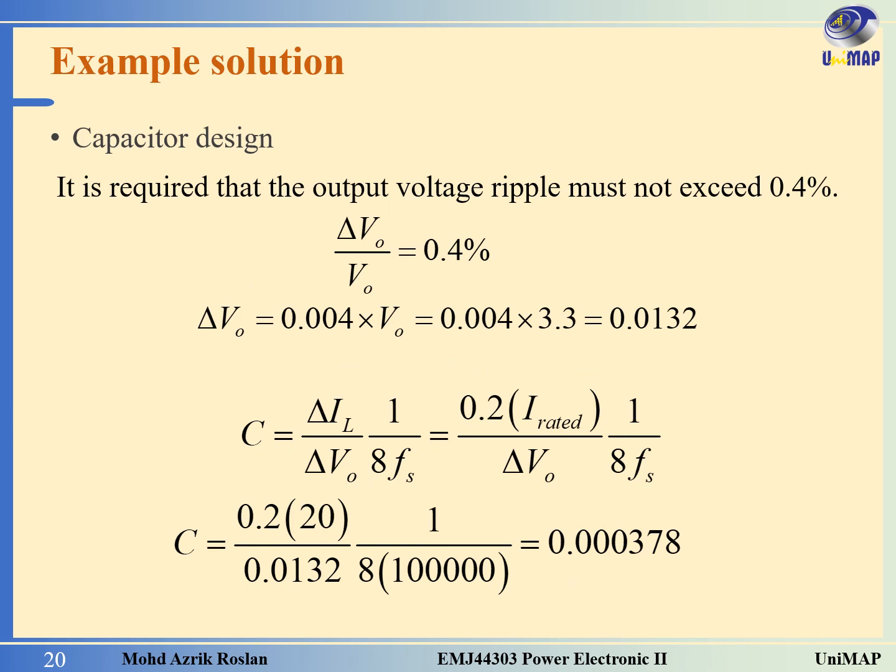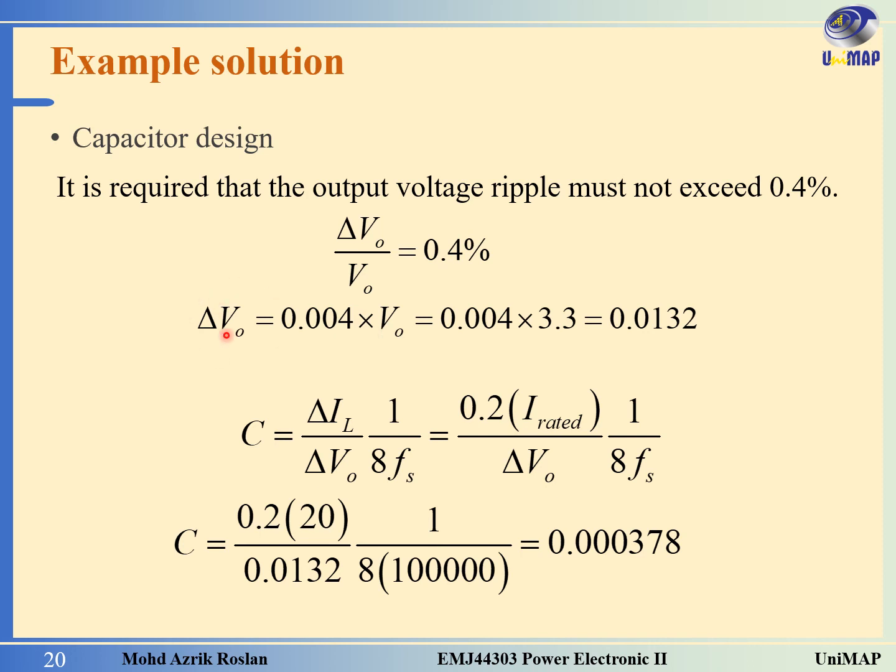And now we move to the capacitor design. It is required that the output voltage ripple must not exceed 0.4%. What this means is that delta V out divided by V out is equal to 0.4%, so it is 0.004 multiplied by V out.